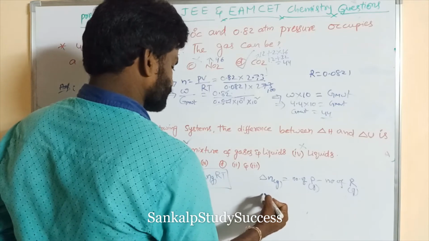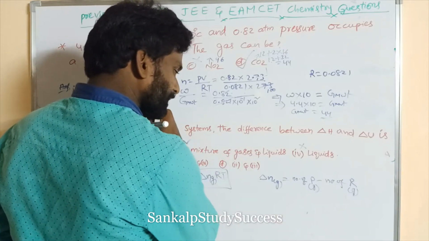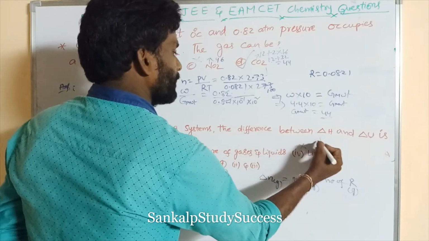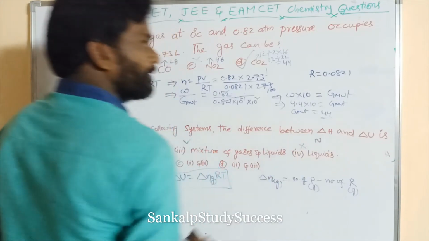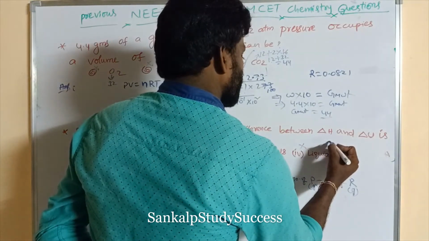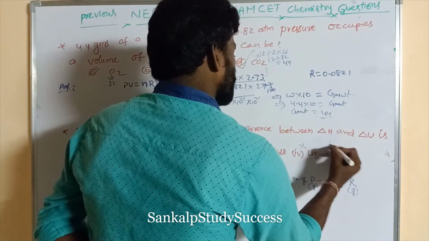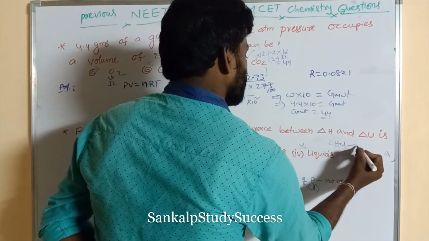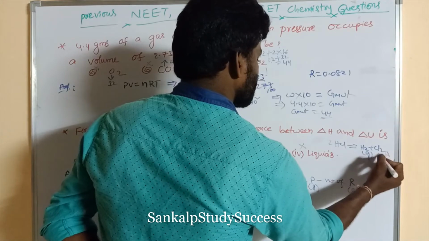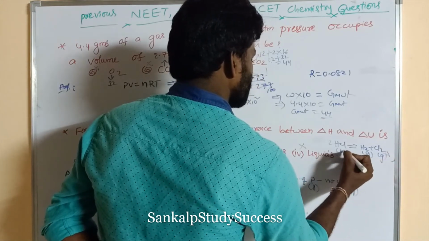So for a mixture of gases and liquids, how to write? Suppose we can write 2HCl, reversible arrow, H2 plus Cl2. This is gas, and this is liquid.